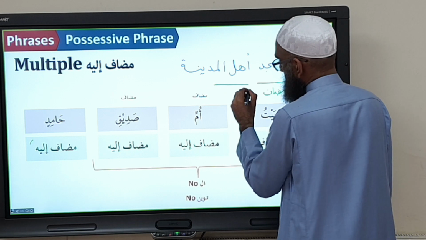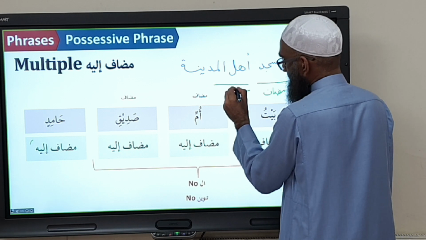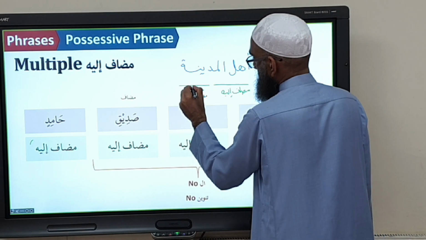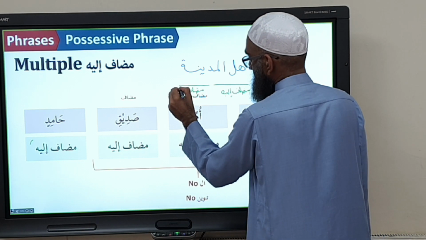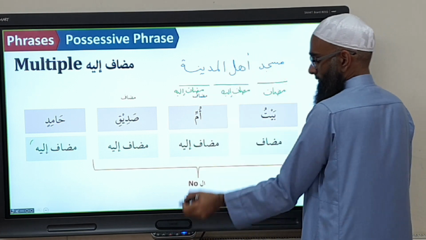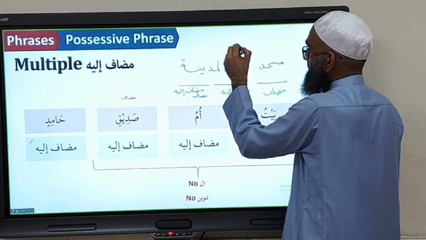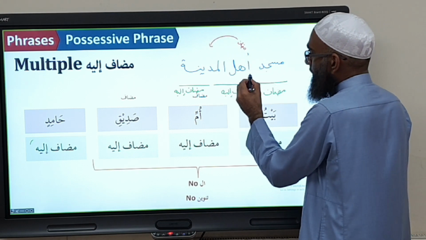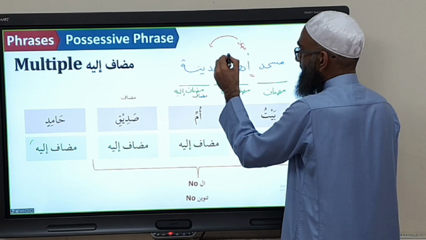This is mudaf ilay. And this is also mudaf ilay, but this has an element of mudaf in it, because it's also kind of mudaf to that word, isn't it? So therefore, no alif lam at the beginning, no tanween at the end.